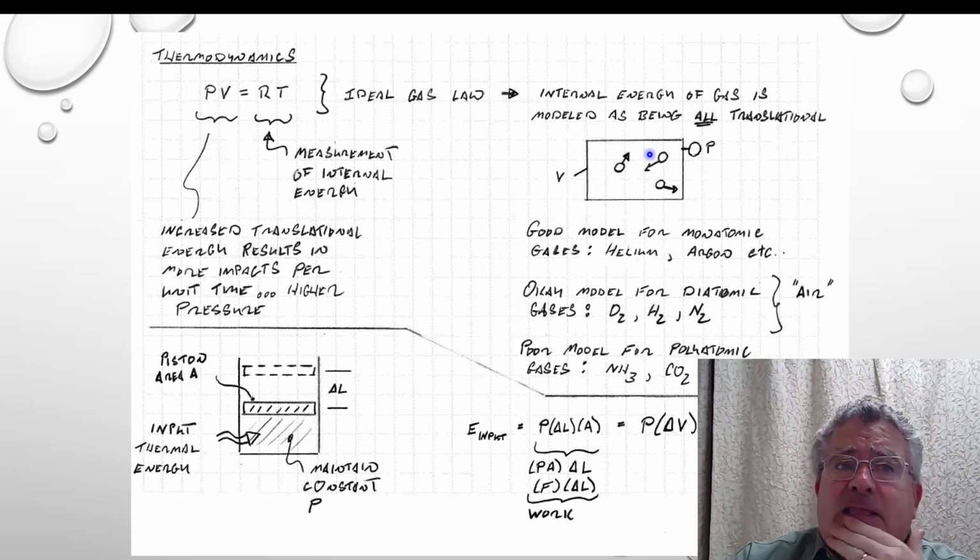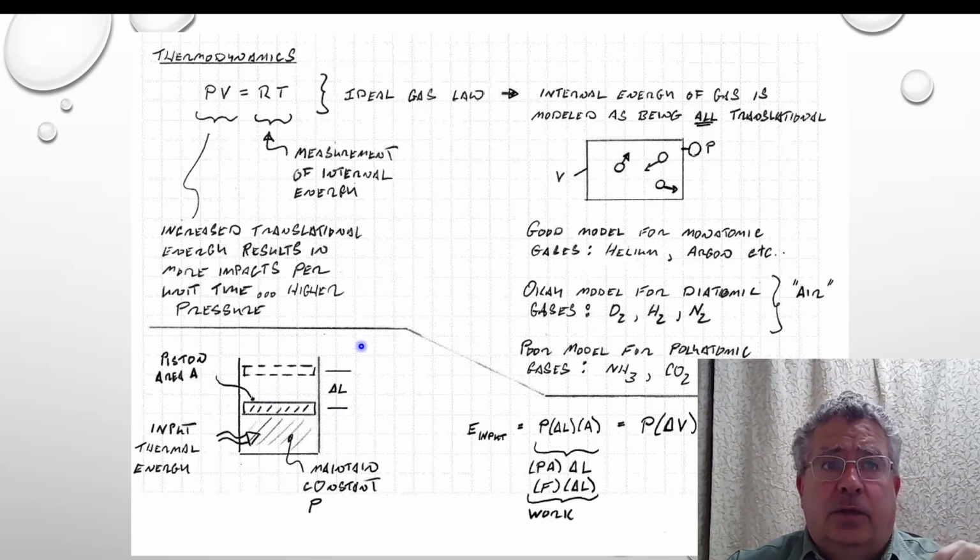All right, so again, thinking about how thermal energy works, our classic piston, right? If you have a piston here that has an area A and you want to move it through a set distance, say delta L, this would be work done at constant pressure.